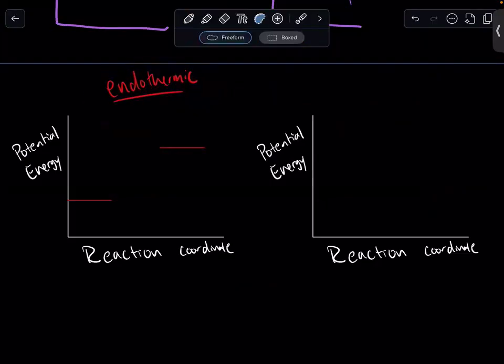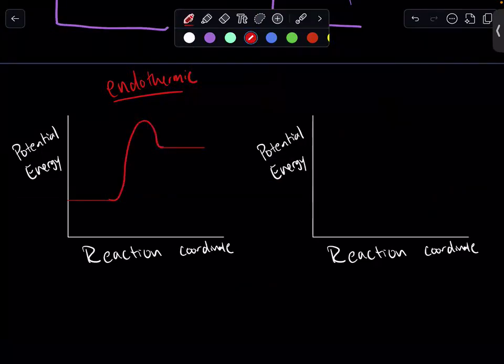So what actually happens? Well, we actually need to put in more energy than we usually expect, and that's to account for the activation energy. So our endothermic profile looks like that. Got this little bump.